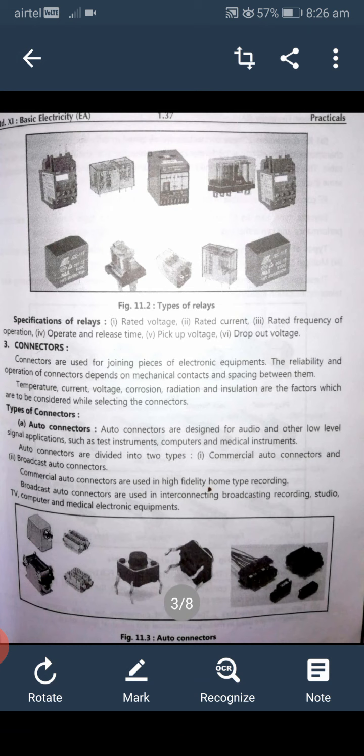The diagram of various types of relays is shown in the above diagram.